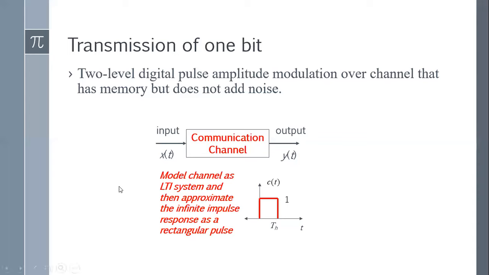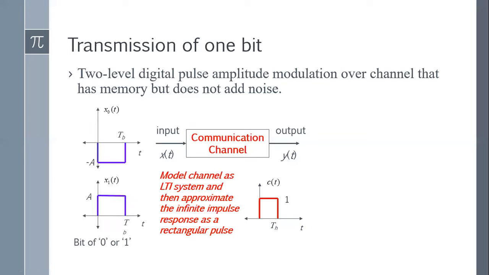Okay, so through this channel we are transmitting either a 1 or a 0, right? And we are assuming that the impulse response is less than the width of the bit, and we are getting a pulse like this.